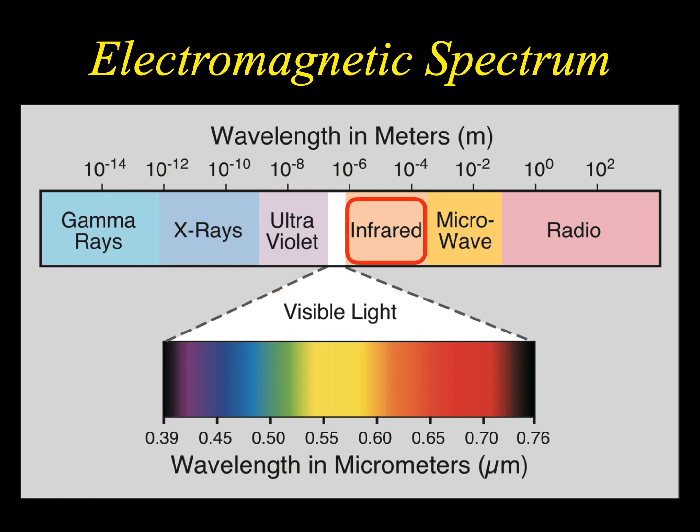Infrared is a wavelength band that is larger than visible light. Larger yet are microwaves. And the last radiation type in this diagram is radio waves. They have wavelengths anywhere from 1 meter to 100 meters from crest to crest.